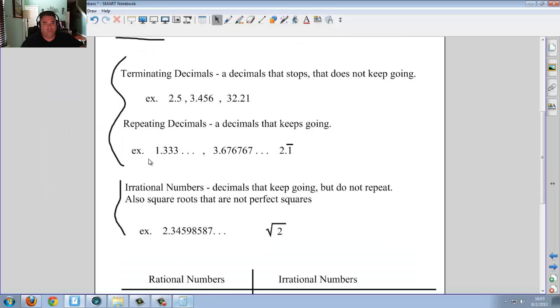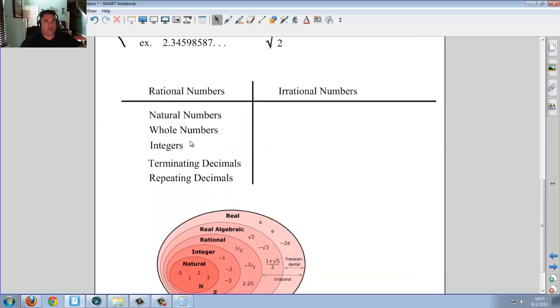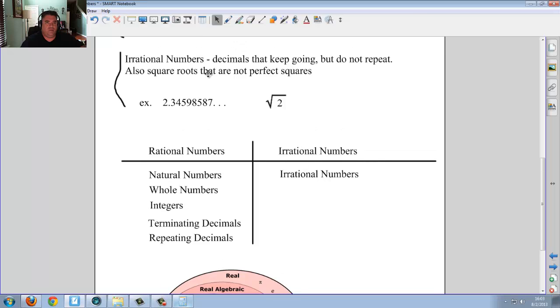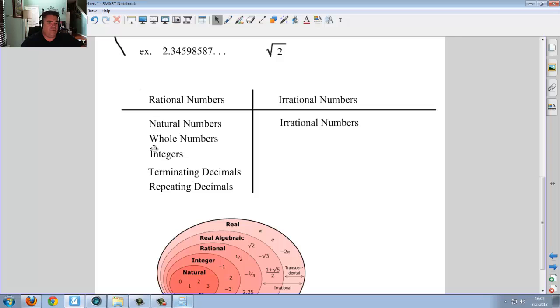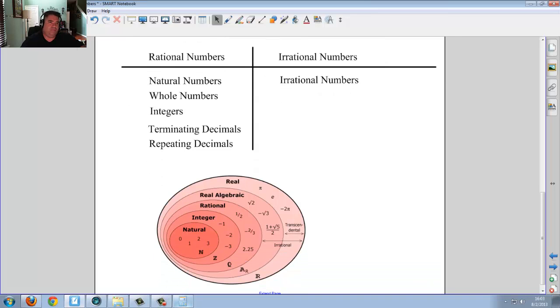So that's how you know. So all these are rational, as you can see here. And irrational is just irrational numbers, nothing other than that, which were these square roots that aren't perfect squares and decimals that keep going but don't repeat. Everything else is under the tent of rational numbers.